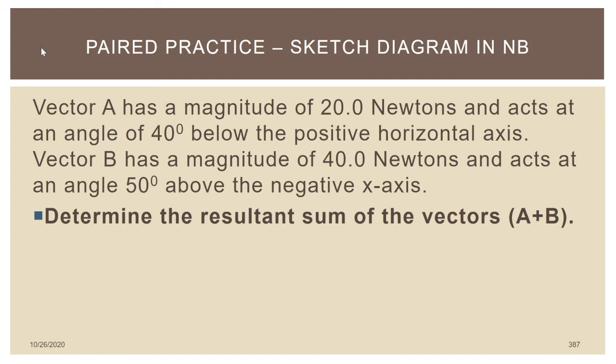It says here to determine the resultant sum of the vectors A plus B. I'd like you to take a minute here just before we actually start and make a sketch of these vectors. When you hit play, we will go over the sketch so everybody is clear on what the orientation of the vectors should be. And then I'll have you go ahead and solve this one on your own.